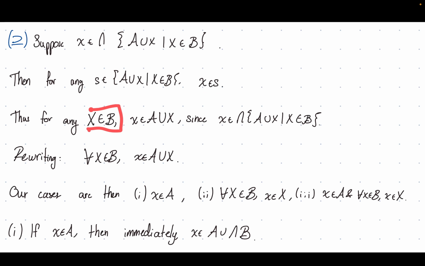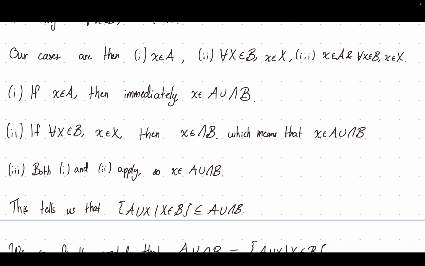So for any big X in B, x is in A union X, because little s and A union X are just a different way of writing the same thing. So then I just rewrote it, saying that for all X in B, little x is in A union X.